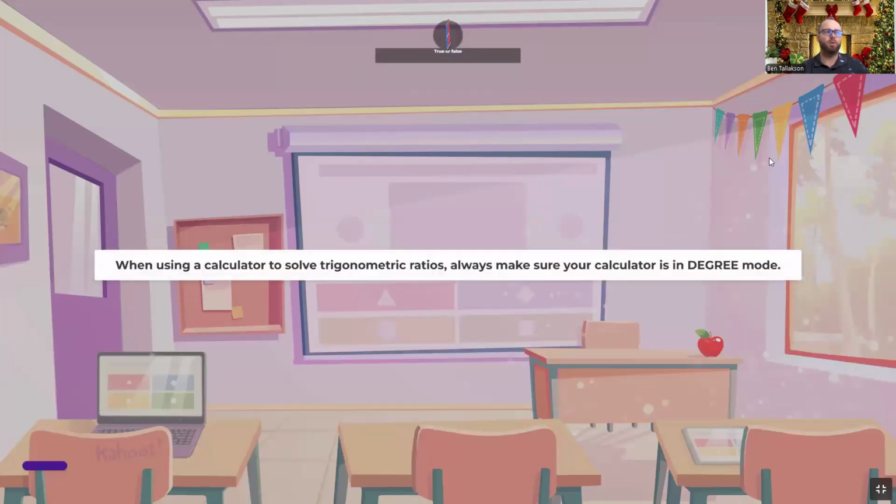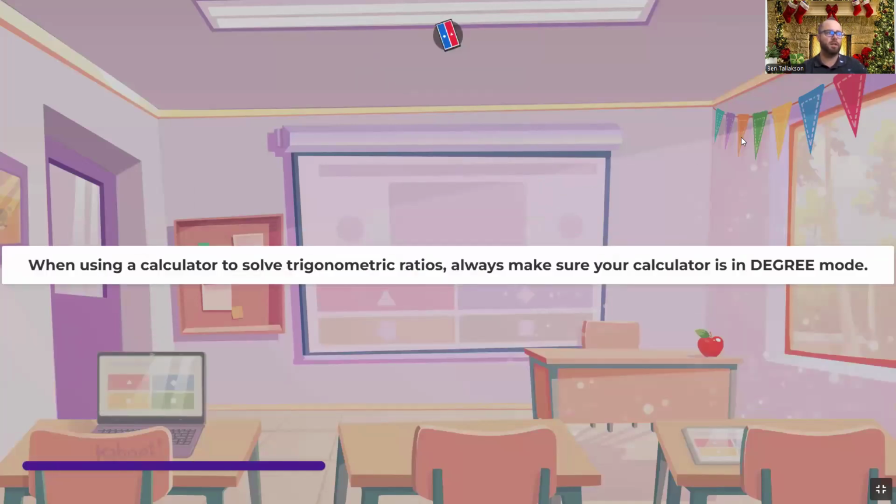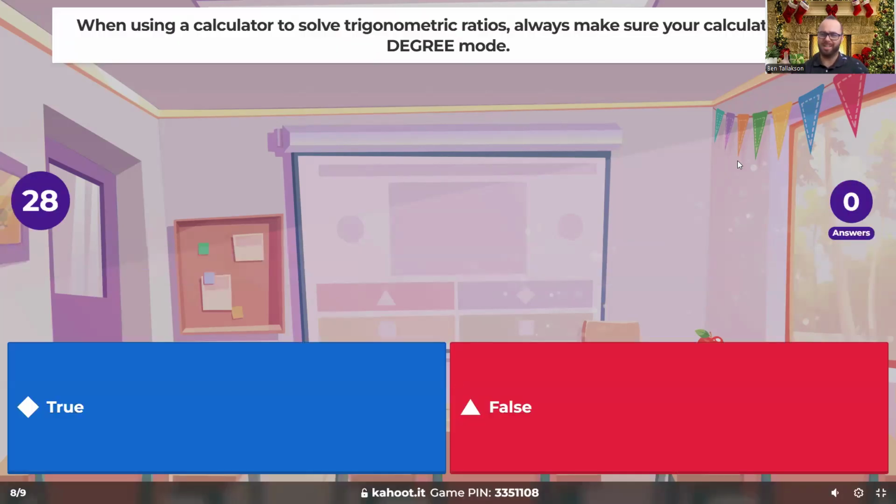And we have two more questions. This is true or false. When using a calculator to solve trig ratios, always make sure your calculator is in degree mode. So, should your calculator be in degree mode when using those trig ratios, which are SOHCAHTOA?